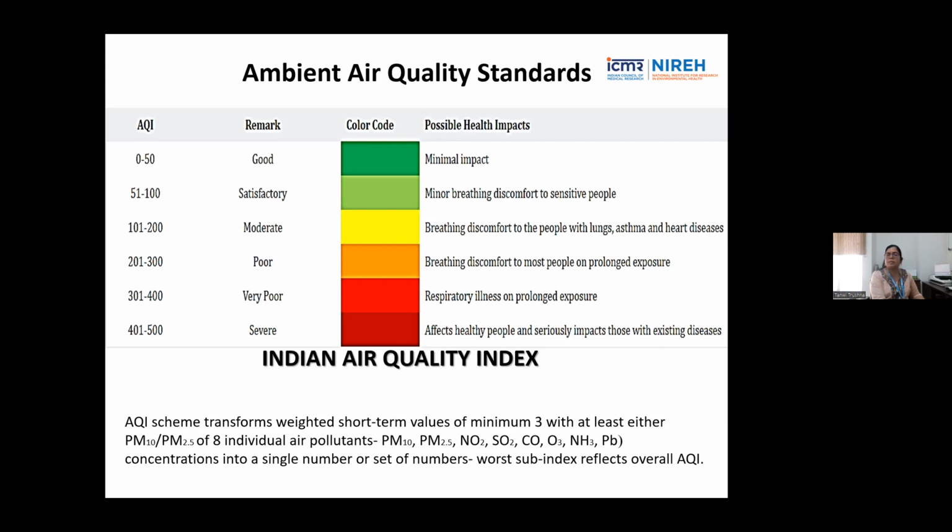CPCB has a real-time website which gives the real-time data of different cities, how the air quality changes on a day-to-day basis.